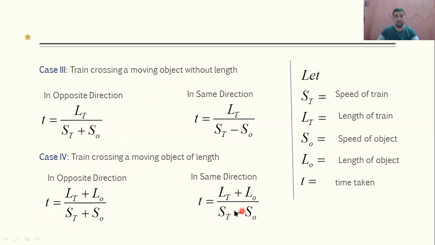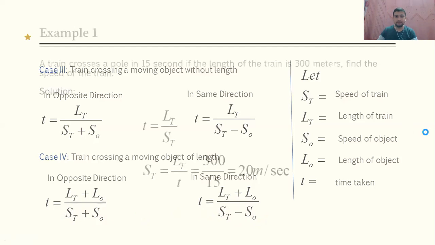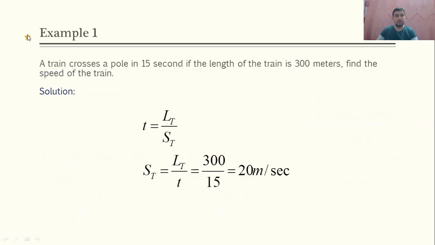In same direction, there will be difference. ST plus SO is the relative speed, and ST minus SO is also the relative speed. So these are the 4 most important cases. If you remember the formula, then in the exam you can definitely crack the problem. So let us see the examples.